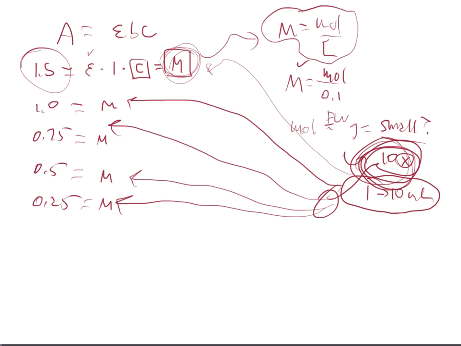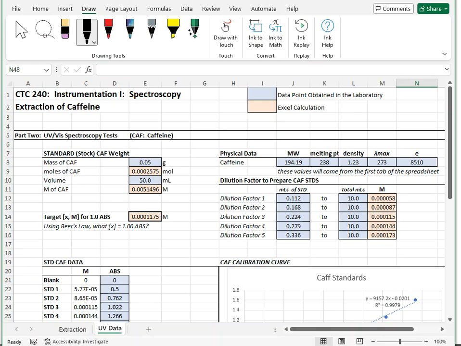So what you're going to see on the Excel spreadsheet when you figure out this dilution scheme is here on the bottom of that tab, it says UV data. Up here at the very top, it asks how much standard caffeine did you weigh out. So this is making that original standard with how much caffeine stock that we ordered did you weigh out onto a balance?